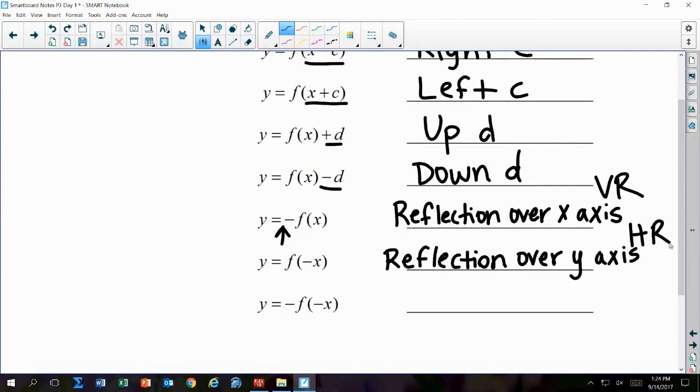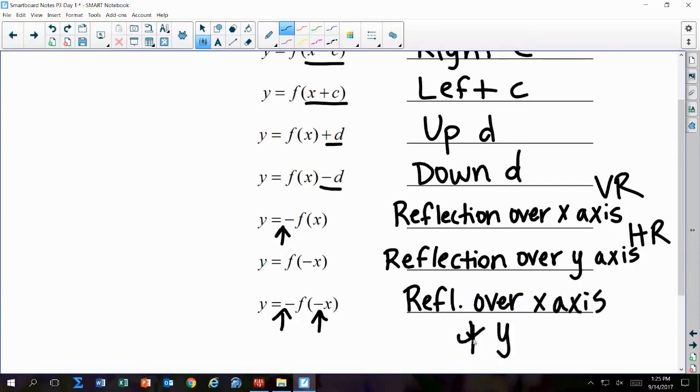And on the last one, I have a negative outside the parentheses and a negative inside the parentheses, so both reflections are happening. This is a reflection over the x-axis and the y-axis. Any questions? I feel okay?